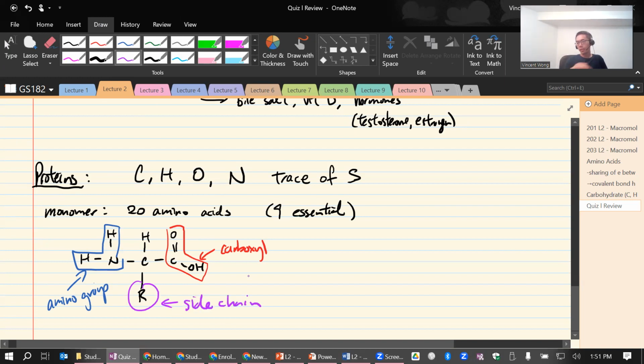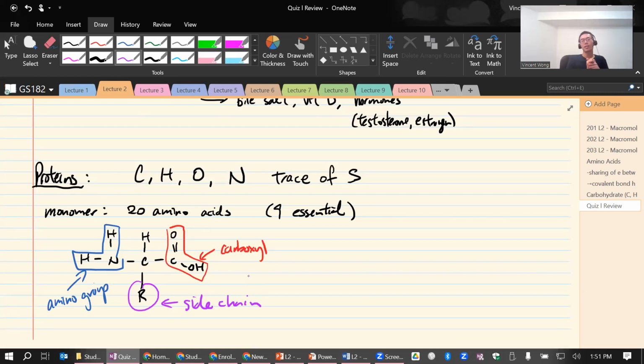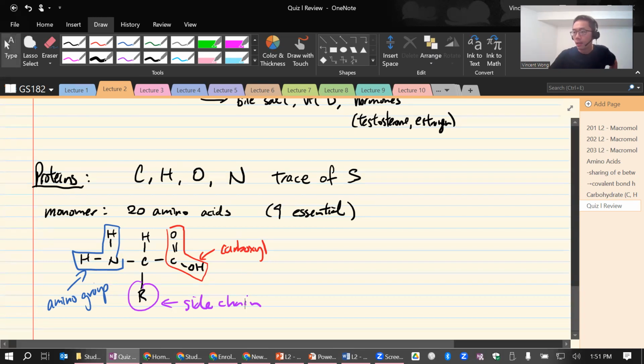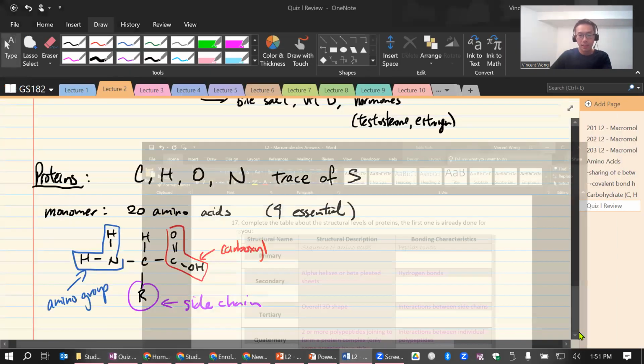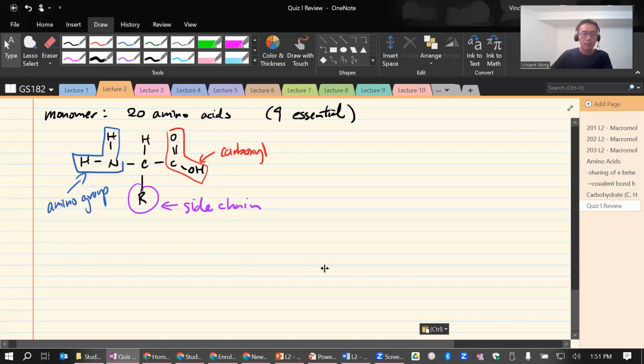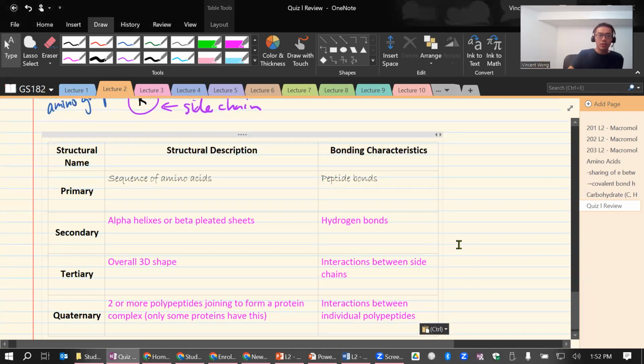Right? And you can connect two amino acids together through dehydration synthesis. And it forms a covalent bond, but it's special, so we give it a special name. It's the peptide bond. Now, I don't want to rewrite this. It's in the study guide answer, but you should probably familiarize yourself with it, right? Again, the different levels of structure.